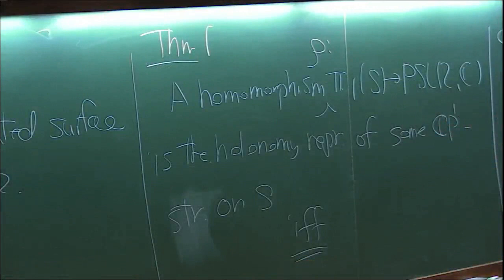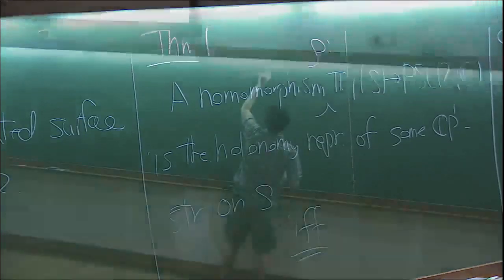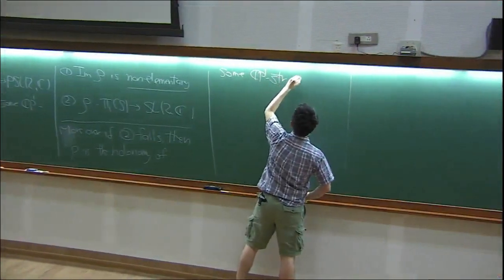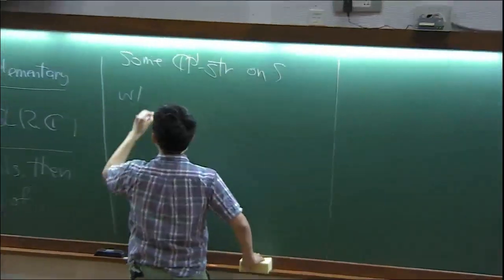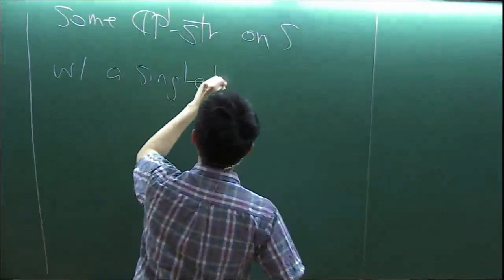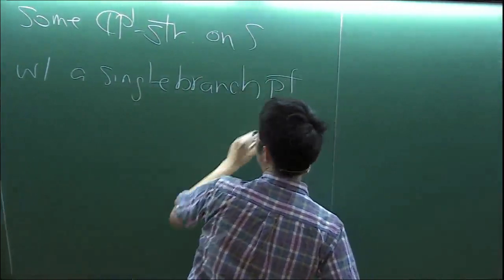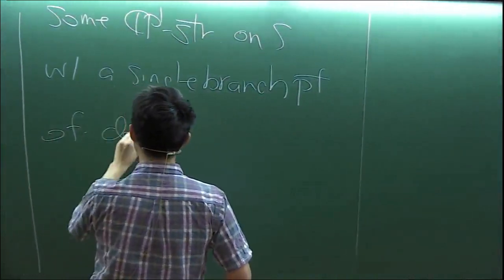And moreover, if the second condition fails, then rho is a holonomy representation of some CP1 structure on S with a single branch point of degree 2.